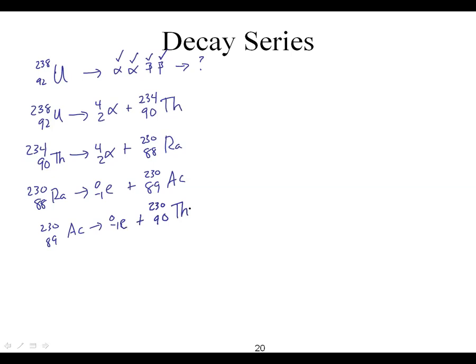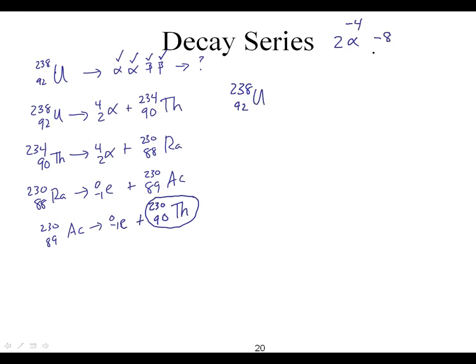Or again, if you're not interested in everybody along the way, but you're just interested in what you get at the end, you could do the math approach if you want. 238 and 92. So we have 2 alpha particles that are going through decay, which means for each alpha particle, we're going to subtract 4 from the mass number up on top. So we're going to take 8 off of the mass number up on top.